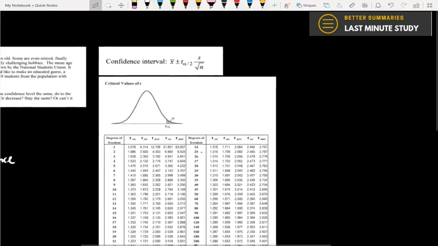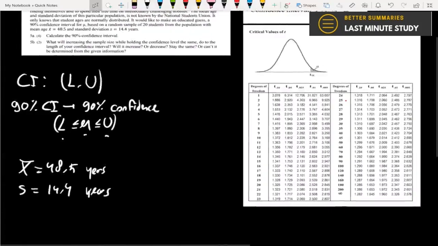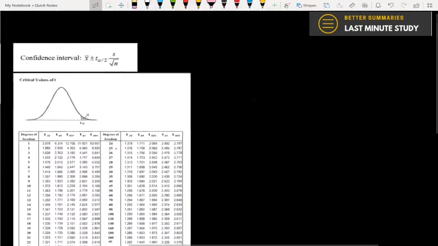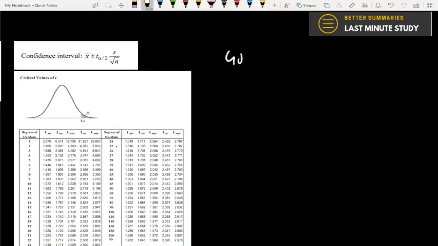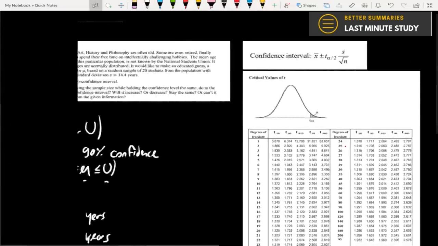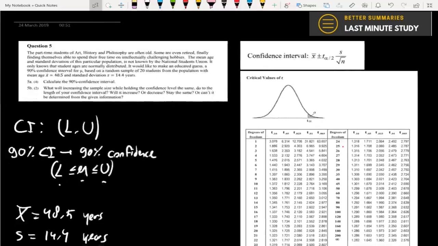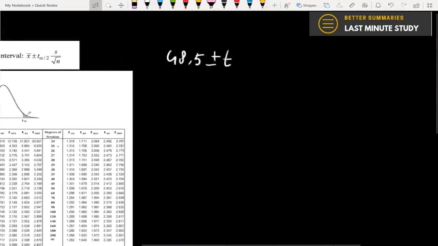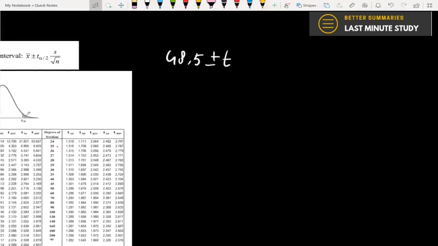What was x bar? We had an x bar of, let me check, 48.5. And then plus minus t. What's alpha? Have we noted down alpha? If it's a 90% confidence interval, then alpha has to be 1 minus 0.9, which is 0.10.